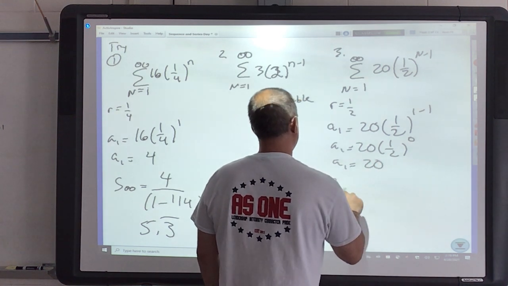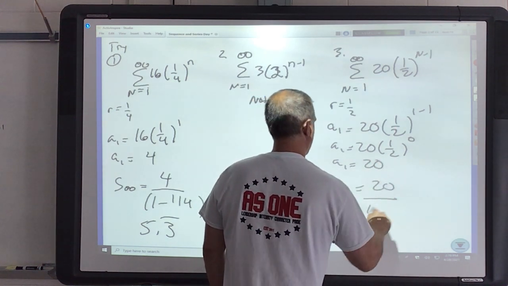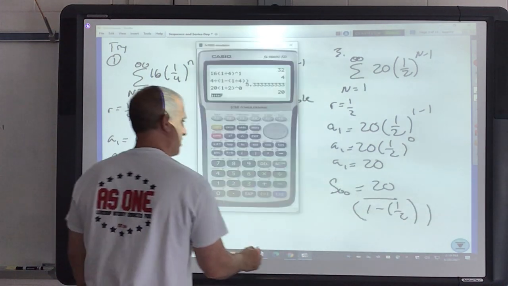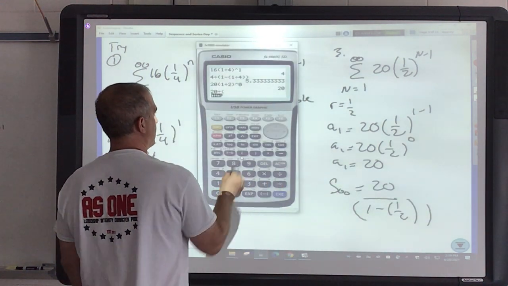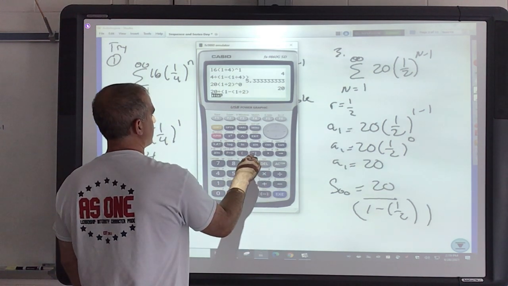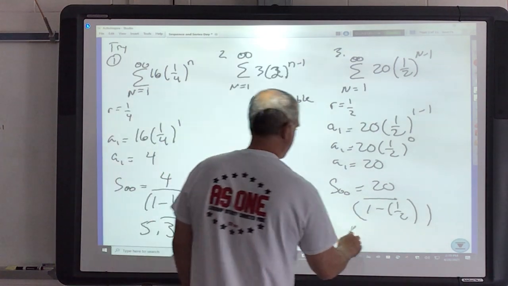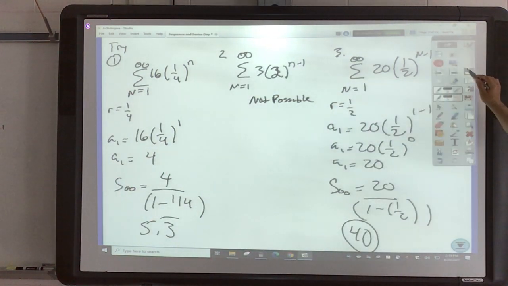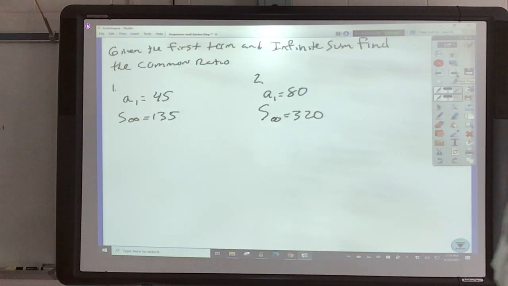So I got 20 over 1 minus 1/2. 20 divided by parentheses 1 minus 1/2. That's just going to be 40. Okay, so infinite sums, that's how you handle that.